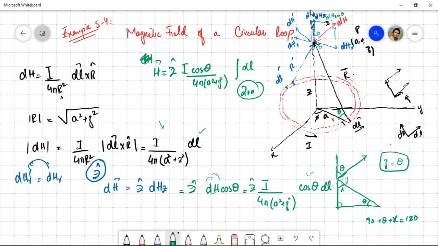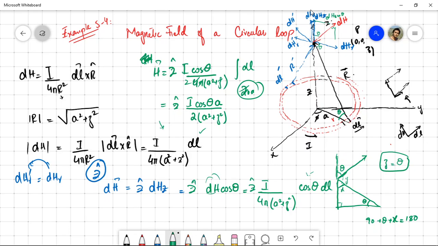This is the circumference. So this 2 and this pi will be cancelled, and this thing will become z hat I cos theta divided by 2 times a square plus z square.